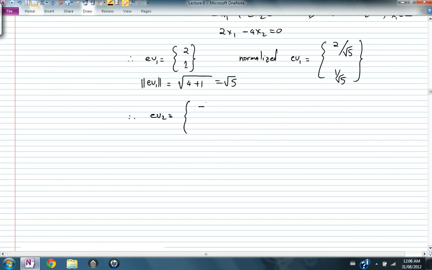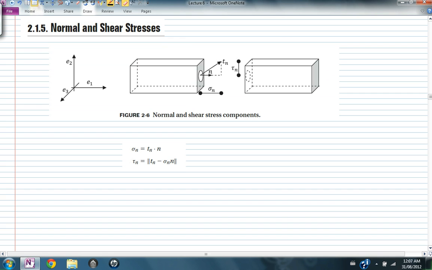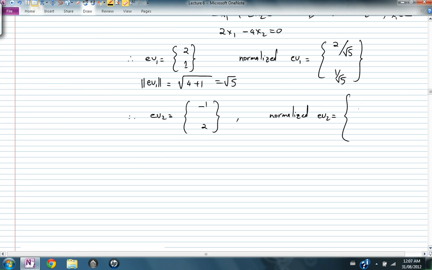The second eigenvector will be (negative 1, 2), and so the normalized eigenvector 2 will be equal to negative 1 over square root of 5, and 2 over square root of 5.